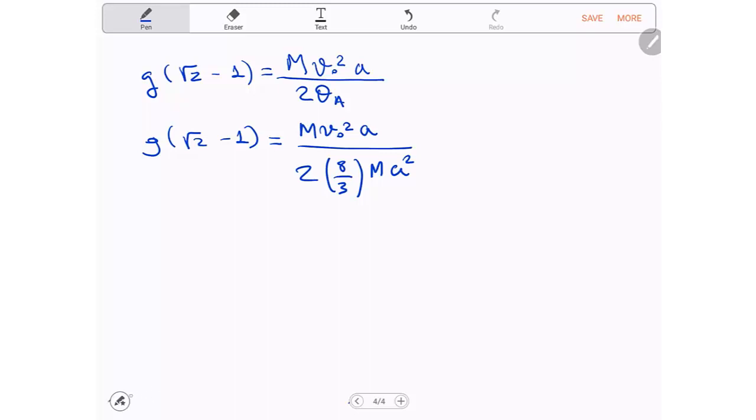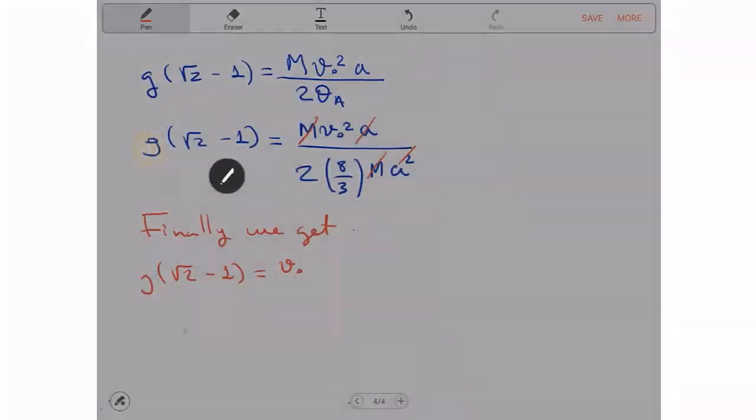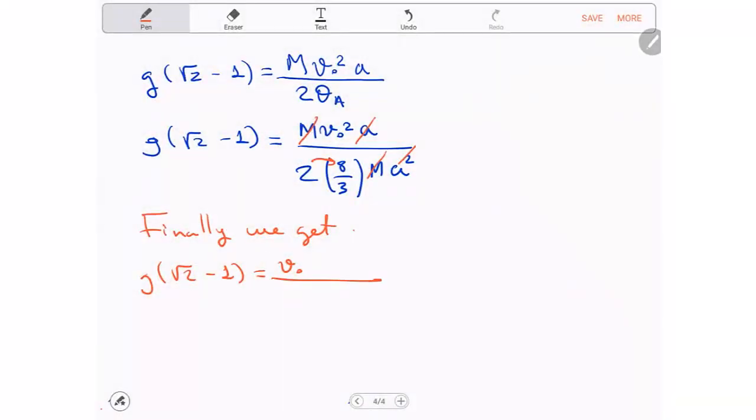Let's cancel the terms that are equal, m and a squared. And finally we get that g times root 2 minus 1 is equal to v0 squared divided by 2 times 8, 16 thirds of a, and this is v0 squared.